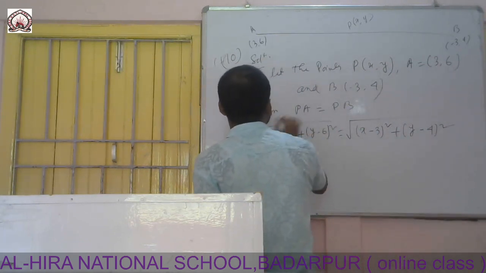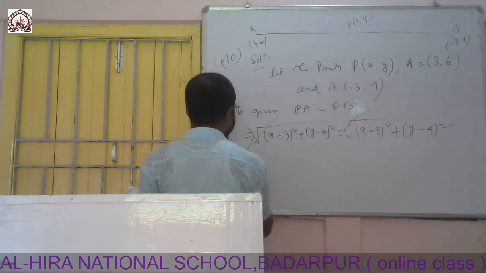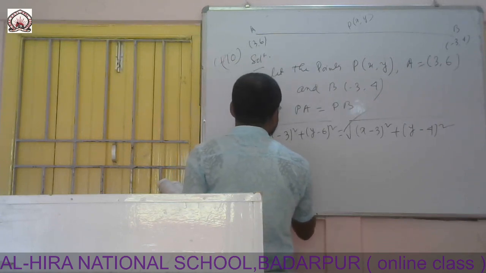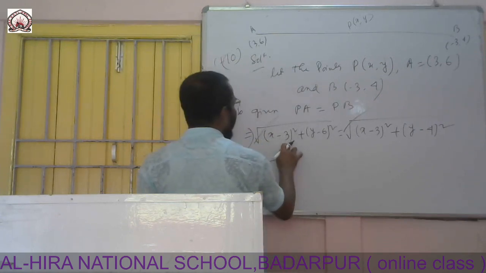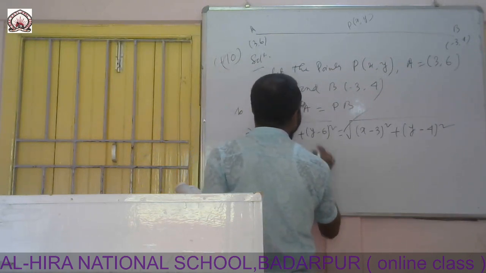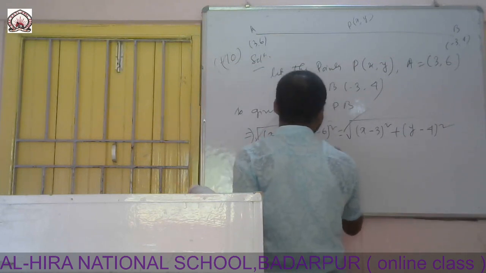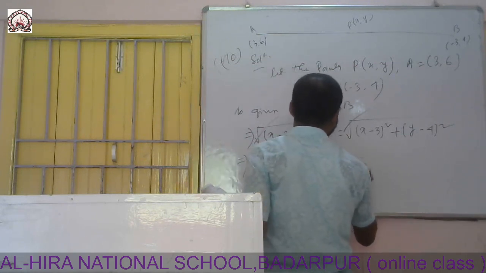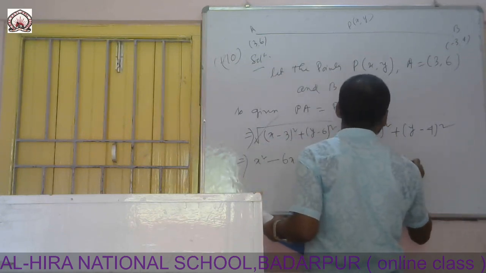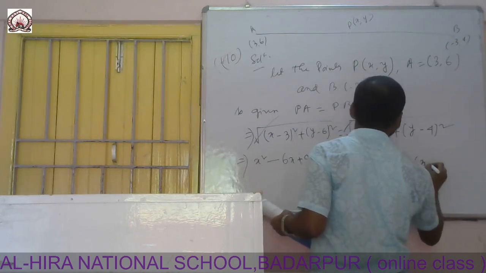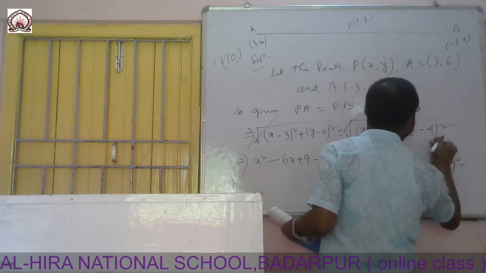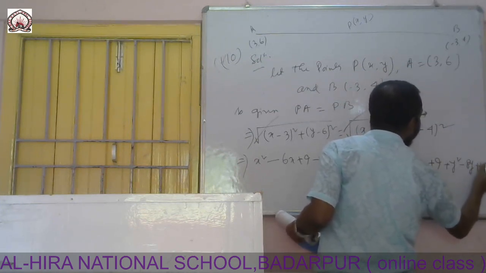So this square root would cancel. Expanding (x minus 3) whole square, we get x square minus 2 into x into 3, this is (a minus b) whole square. So that is 6x plus 9, and y square minus 2 into y into 6, that is 12y plus 36. This side is also x square minus 6x plus 9 plus y square minus 2 into y into 4, which is 8y plus 16.